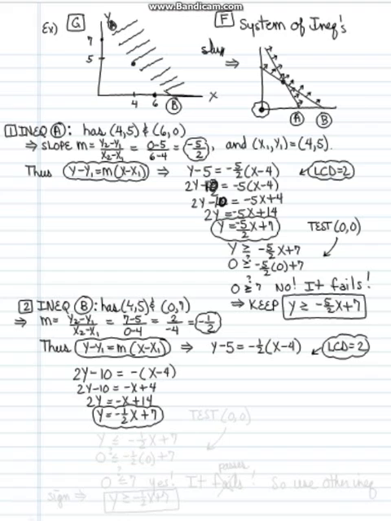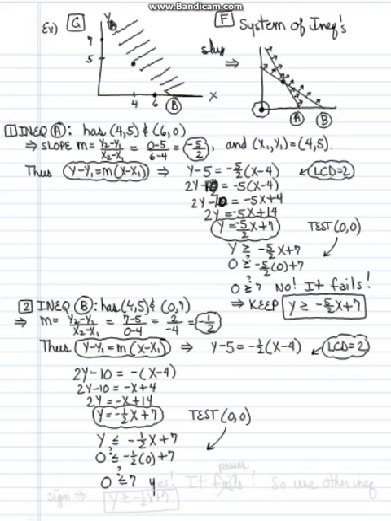Now we have to test it. And we're going to test our same point, 0, 0. If you look back at the graph, you see that the baby arrows are pointing away from 0, 0, so we hope that it fails. Let's try less than or equal to and see if that allows us to fail when we test this point. Is 0 less than or equal to negative 1/2 times 0 plus 7? In other words, is 0 less than or equal to 7?